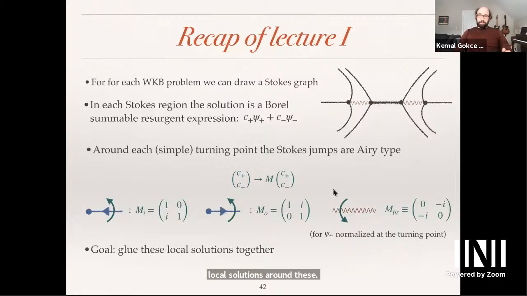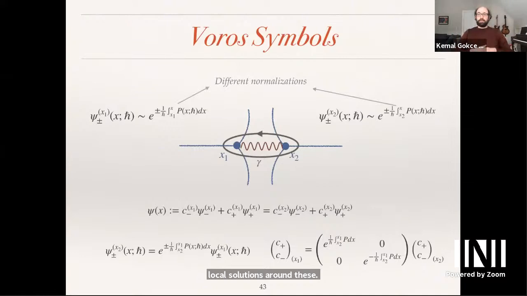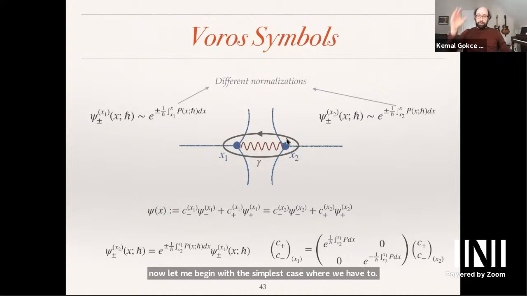Now let me begin with the simplest case, where we have two turning points. As I said, the local Stokes jumps take a simple form if I normalize my wave function around the turning point by integrating from the given turning point.